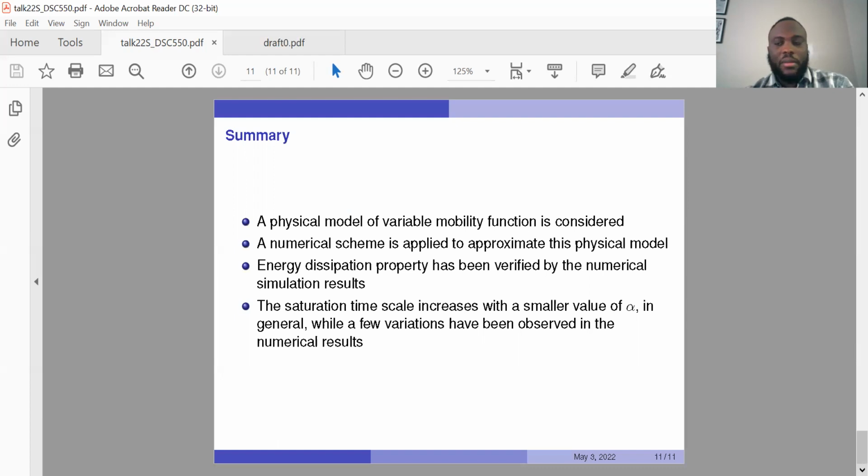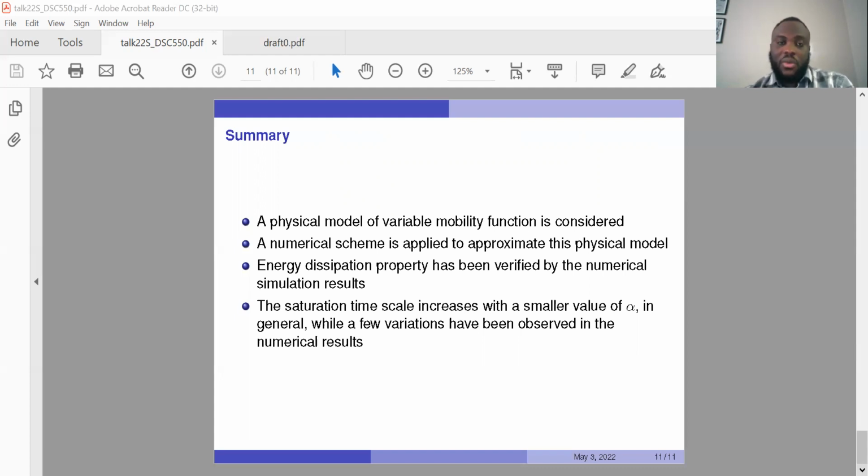So here we have the summary. It tells us that the preconditioned steepest descent, the PSD iteration solver, is considered and implemented as a first order splitting numerical scheme. We had a physical model with a variable mobility function, which was considered.